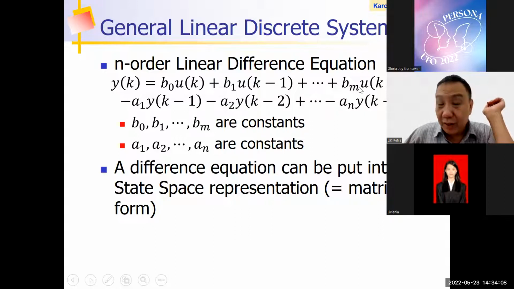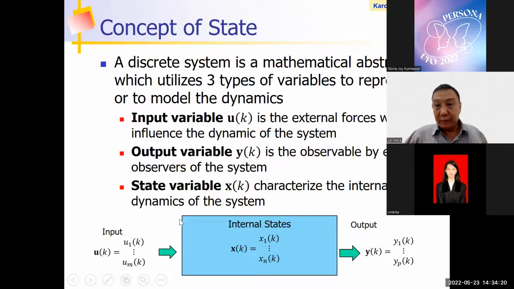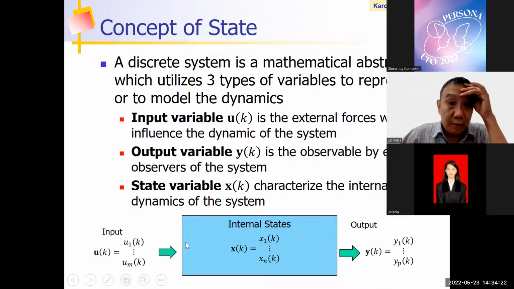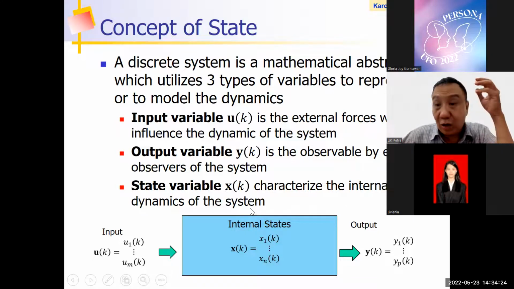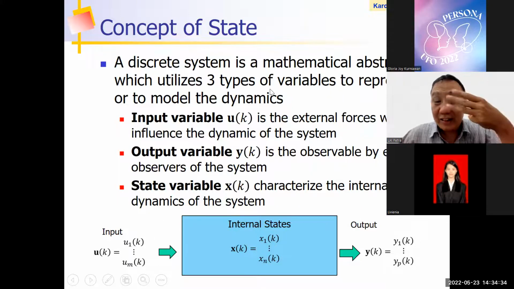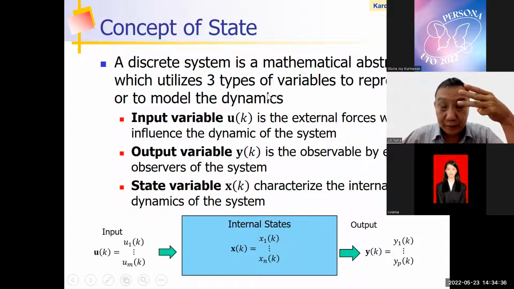So what is this? You have an n order linear difference equation. Now you want to put it into matrix form. Important here is to understand the concept of state.